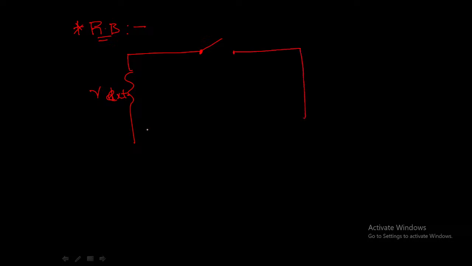How do we find the complete diode model of a diode in the reverse bias condition? Let's see the model directly. This is the R external, an open switch, and a bias voltage, V bias.